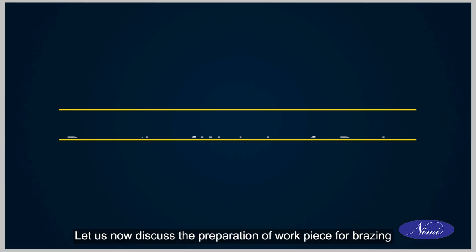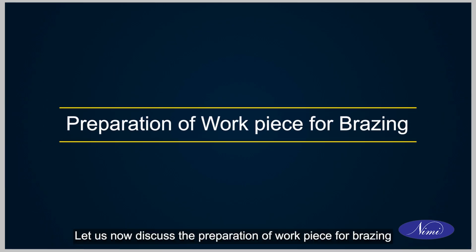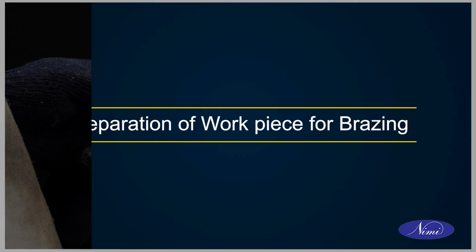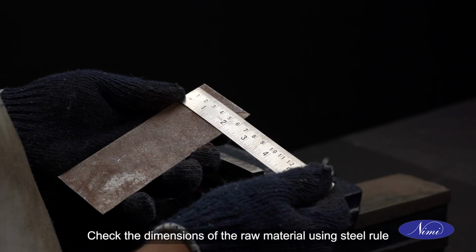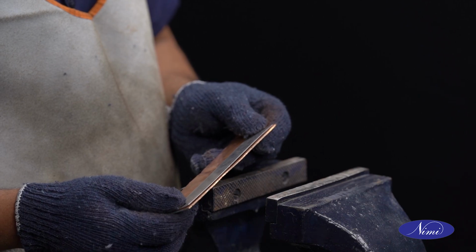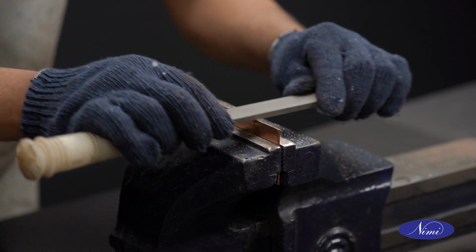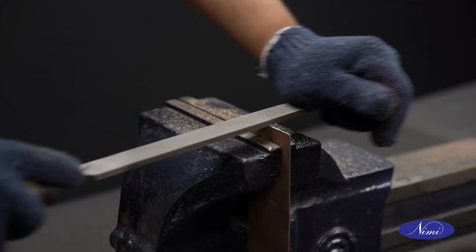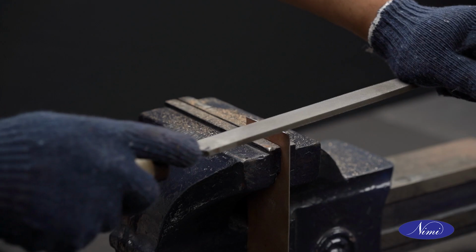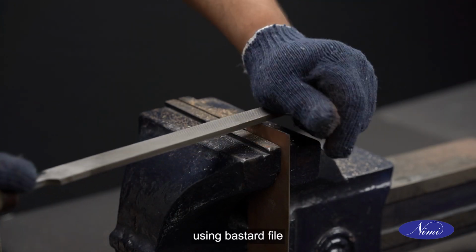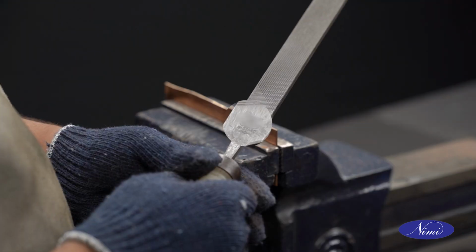Let us now discuss the preparation of workpiece for brazing. Check the dimensions of the raw material using steel rule. File both the workpieces using bastard file.